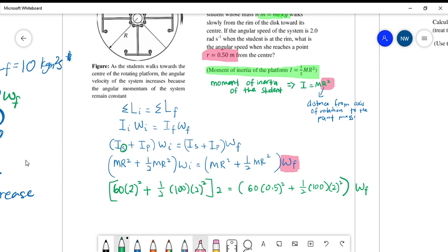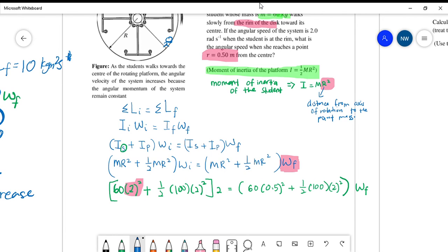The question doesn't mention the distance of the student initially, but it just stated that she walks from the rim of the disc. So we assume that the rim of the disc is almost towards the end of the platform.